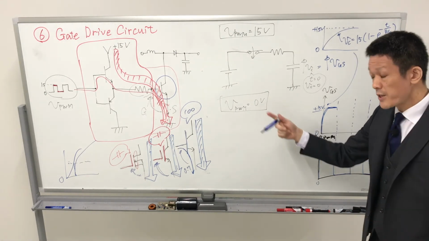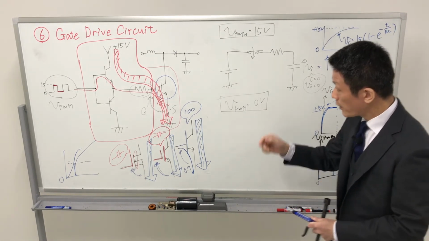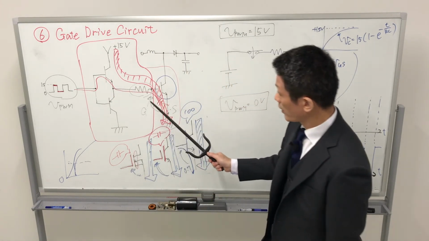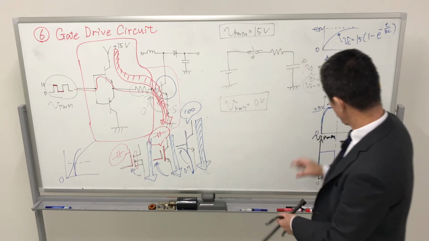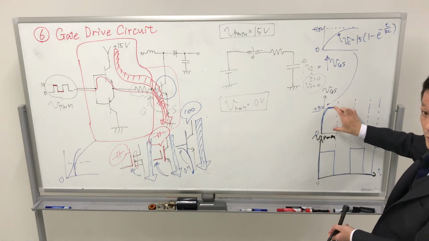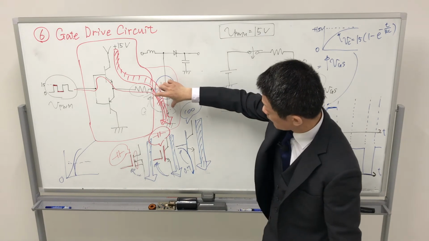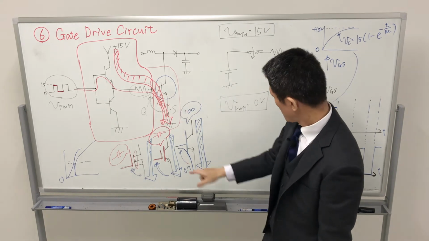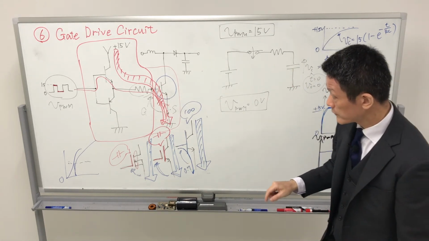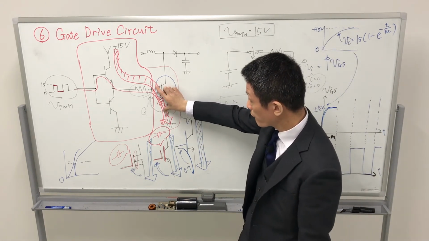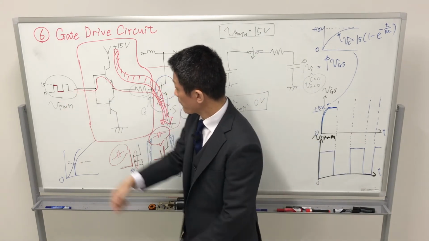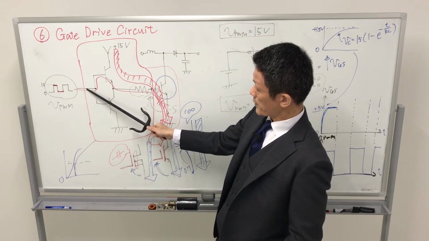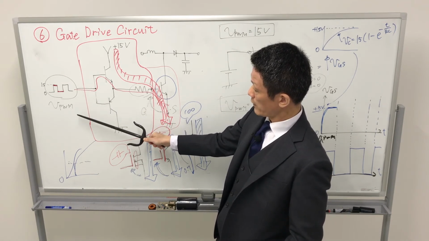How about the period at T equals 0? The 0 line is already charged to 15 volt in between the gate source voltage. Okay, so how about the equivalent circuit? The gate source voltage, and this point line voltage is down to 0.